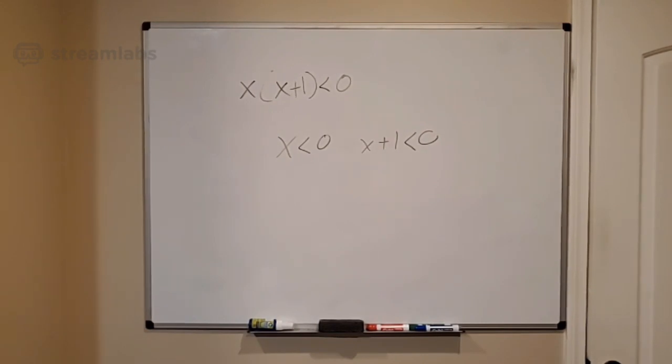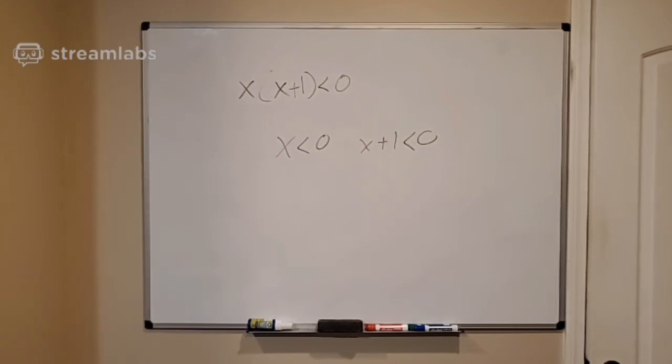A negative number? Well, it could be an irrational number, so just a negative number. If x plus 1 is less than 0, that means x is less than negative 1. But it is negative.